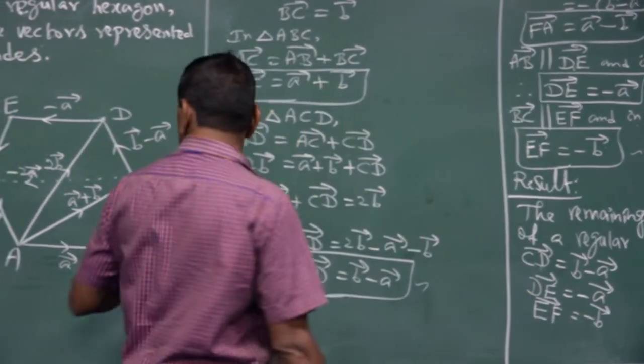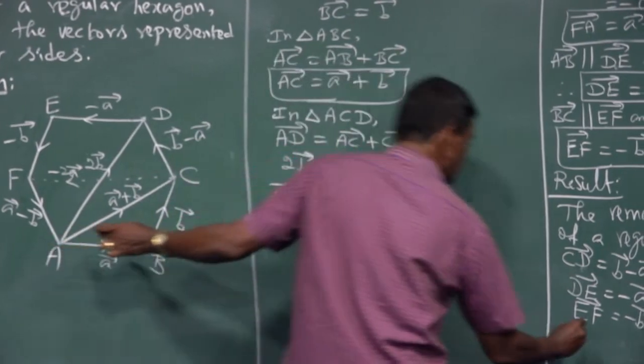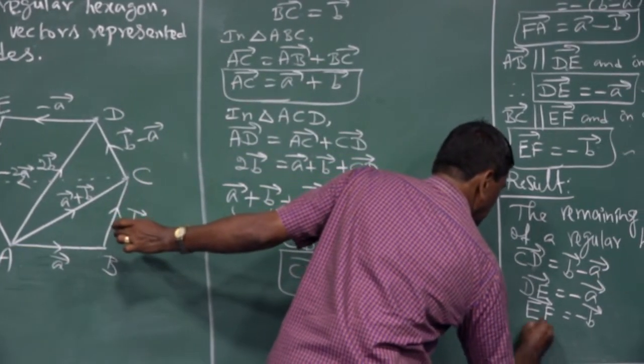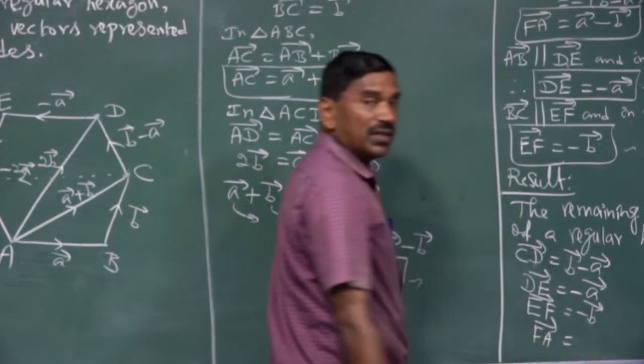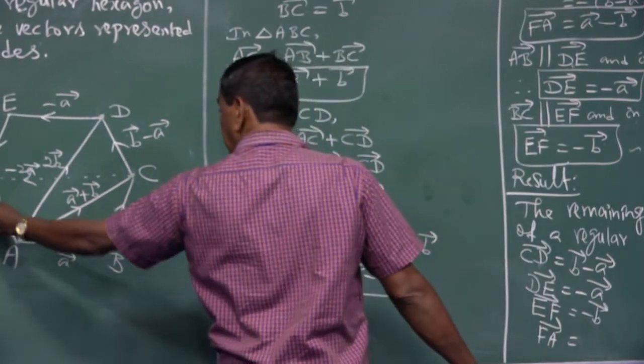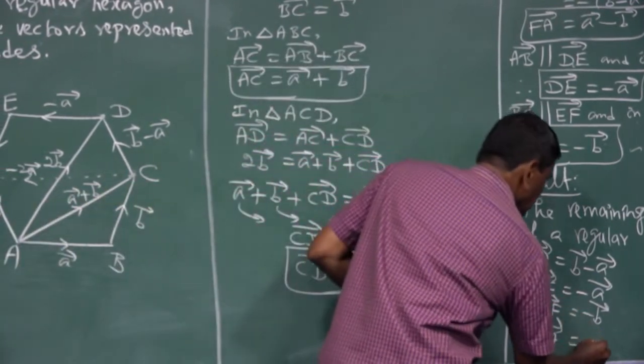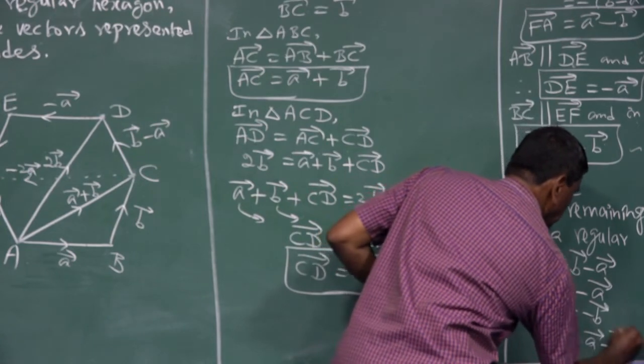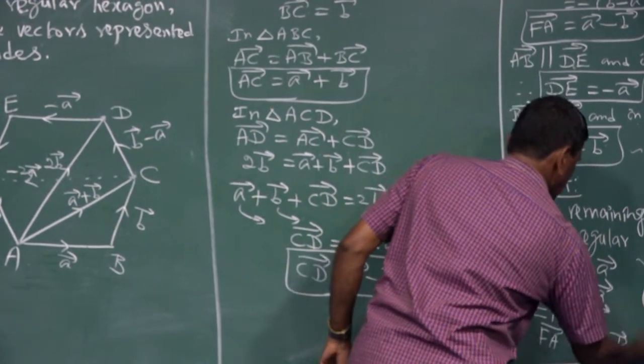Next, FA vector is equal to A vector minus B vector. So that is the answer.